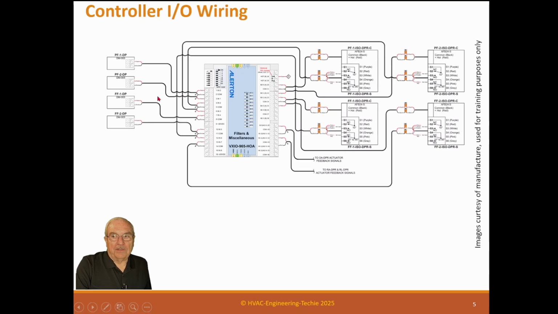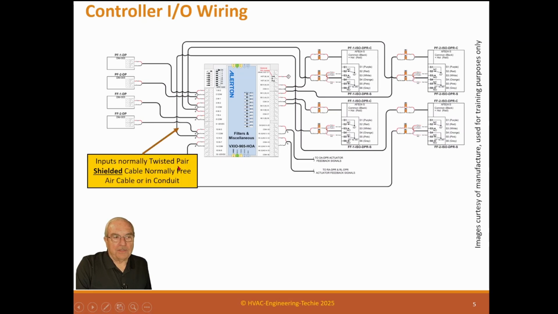So this is the wiring diagram for that. Here are the inputs, normally a twisted pair shielded cable, normally free air, or it might be in conduit. If these are sensors out here, which I think they are, they're coming in with a twisted pair, and they come to a point on the controller. This is how they're wired.